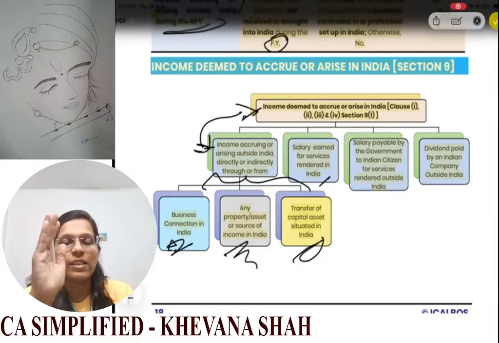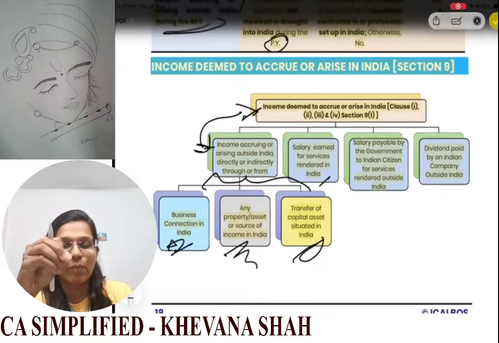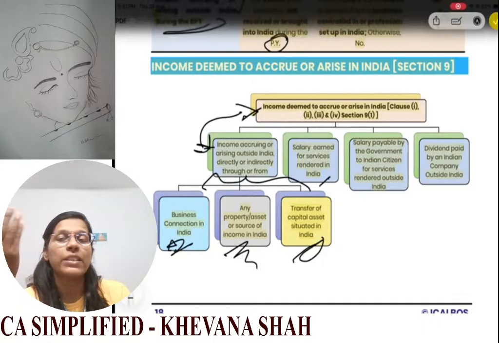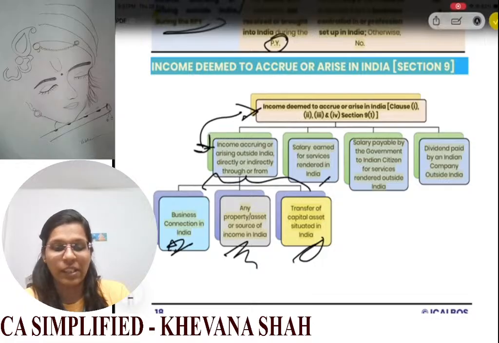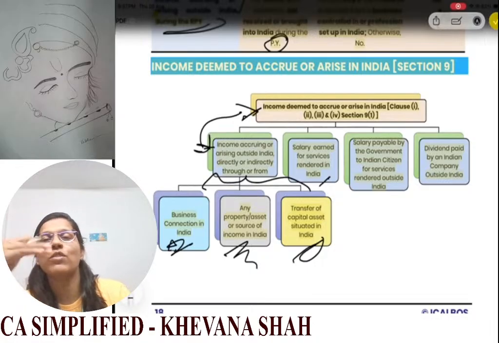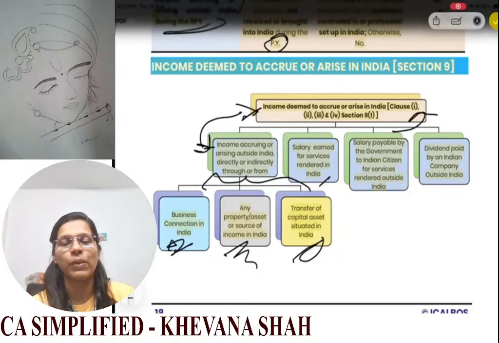So if you are an Indian citizen and you are being paid the salary by the government for services which you are rendering outside India, then in that case also that income will be deemed to accrue or arise in India.